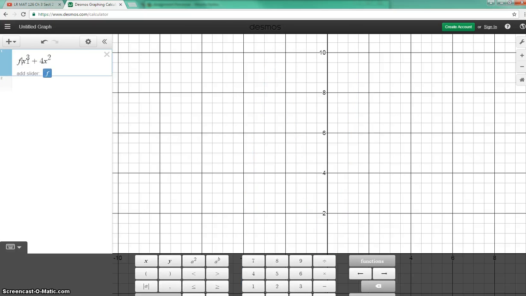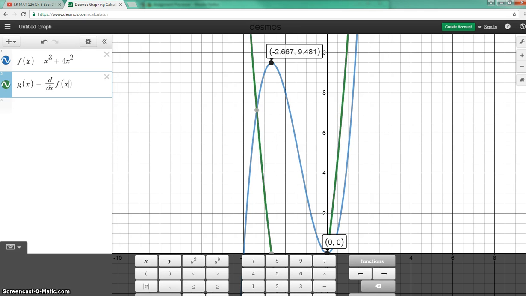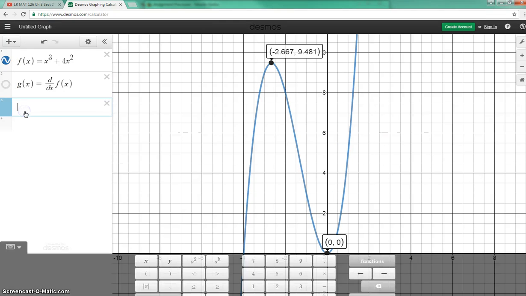So I could find that by doing something that we've done previously. So there's my first derivative graph. Don't really need it. Looking for my second derivative graph.